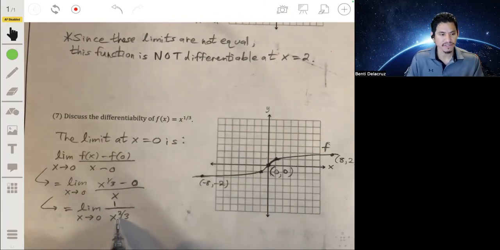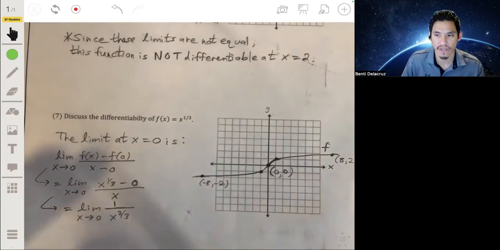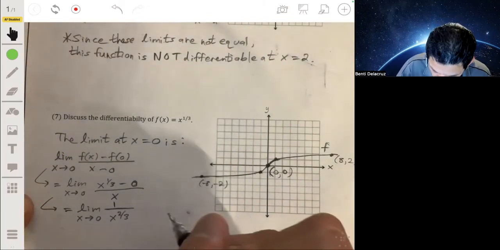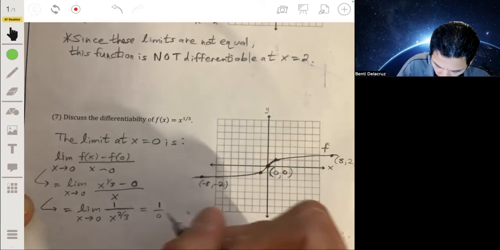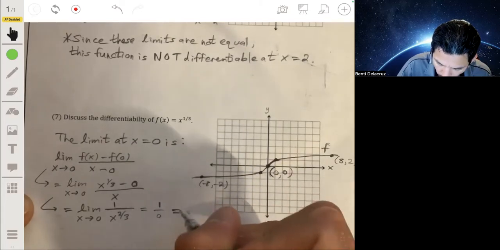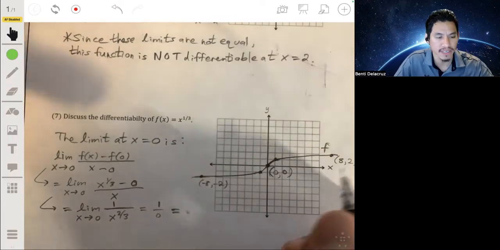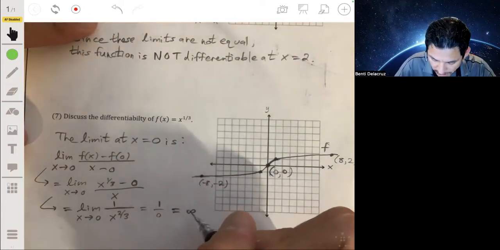Well, as you can see, if you plug 0 into x here, we would have 1 over 0, an undefined value. And we are going to learn that this is going to be recognized as a form of infinity.